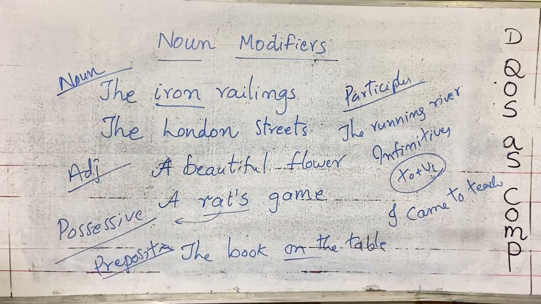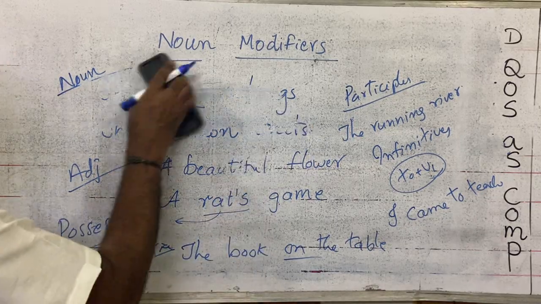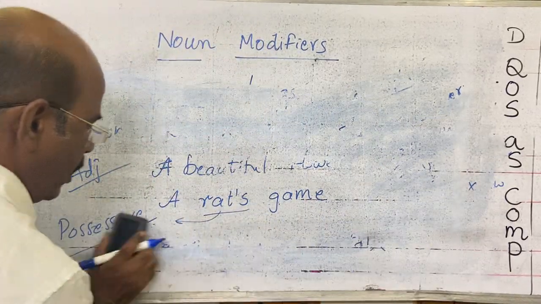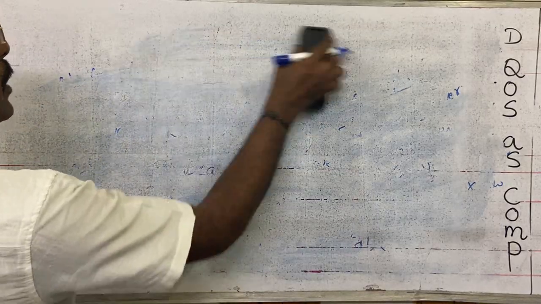Now we are going to verify the examples. Please concentrate on that. These examples are more and more important. We are taking all these examples from public models itself, 10th class public models which are given by the government, AP government.